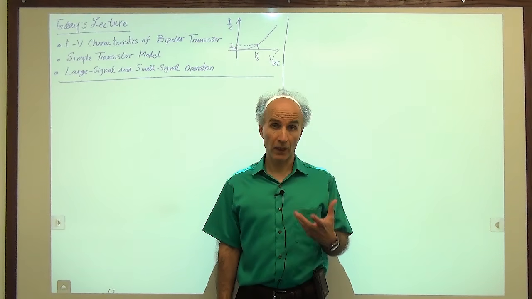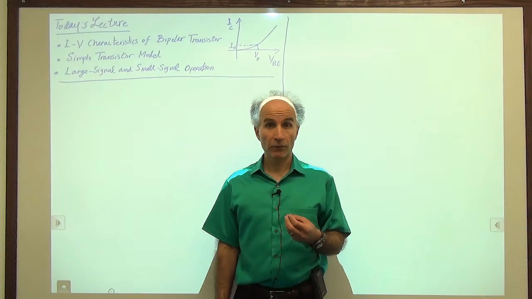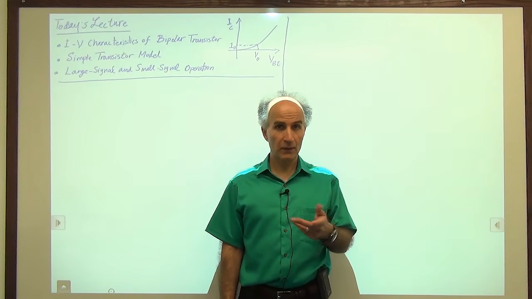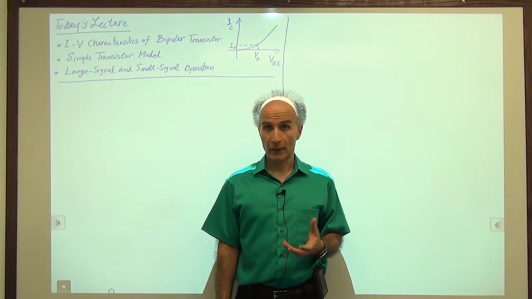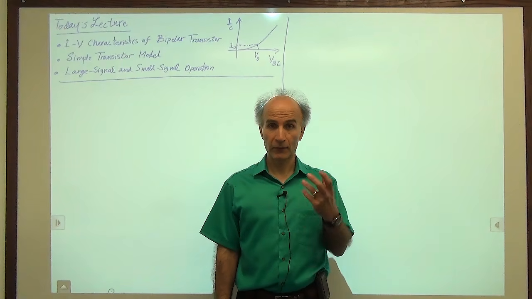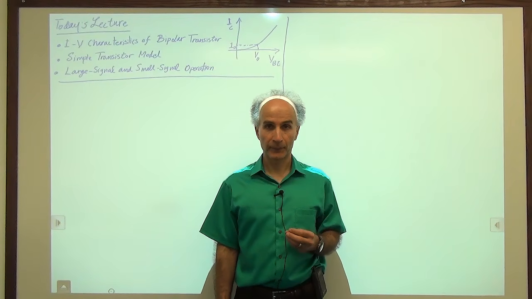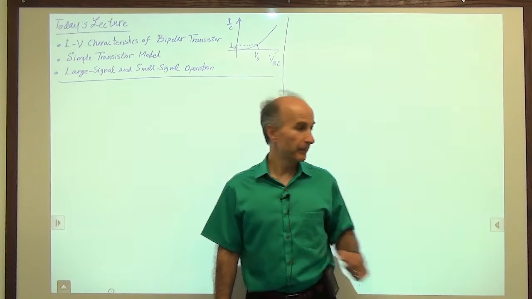Now we would like to formalize this behavior and represent it by more familiar devices, such as current sources, resistors, maybe diodes, so that we don't have to think of the bipolar transistor as some strange device. So before we go there, let's just remember what we did last time.